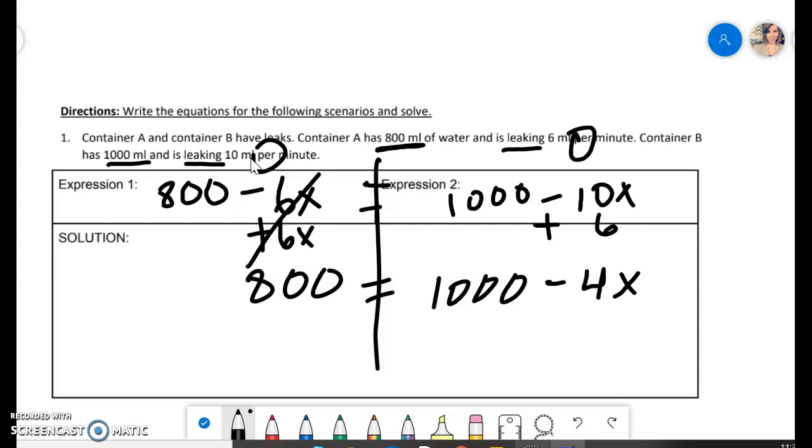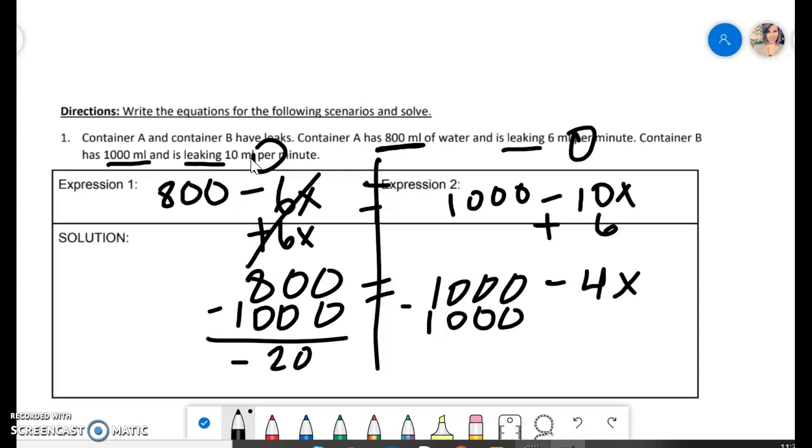All right, the next step. Now we want to get rid of this 1,000, so I'm going to do minus 1,000 on both sides. So that equals negative 200 equals, this is gone, negative 4x. Last step, we want x by itself, so we're going to do the opposite of multiplication, which is division.